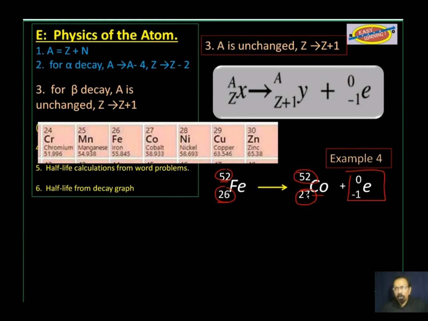Incidentally, you may or may not know that iron, cobalt, and nickel are the only 3 magnetic materials we know of on Earth. And I'm wondering, why is that so? Copper, which is right to the side here, and zinc, they are not magnetic.